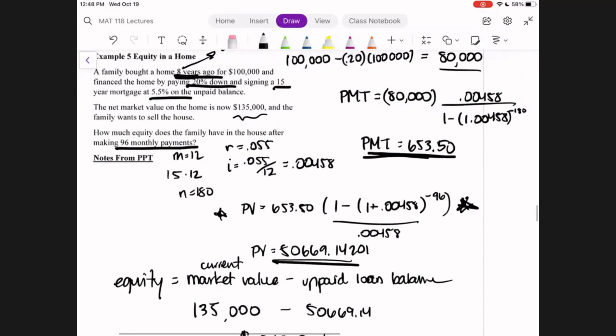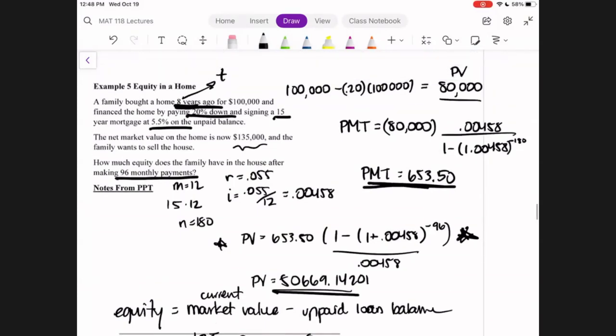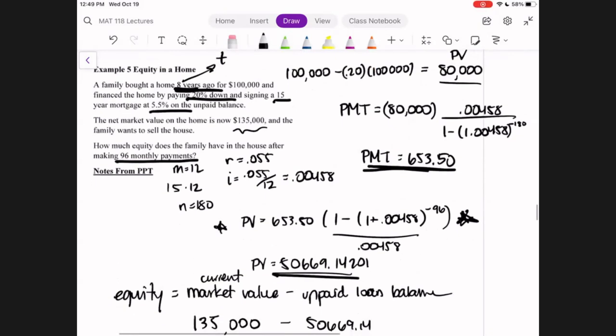So one thing to note is that I should have written this 96 should actually be 84. That's my mistake.